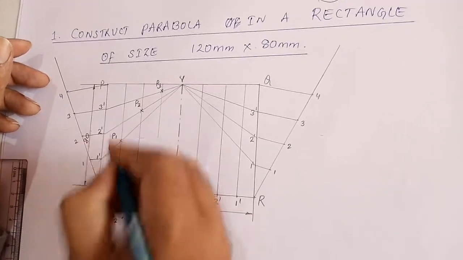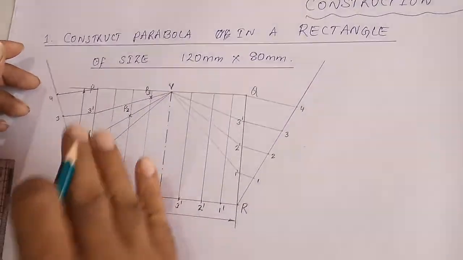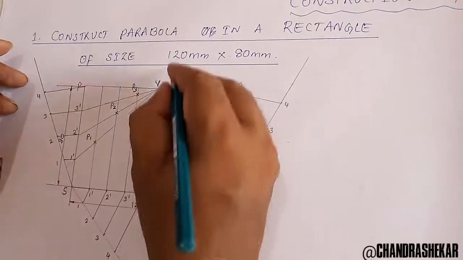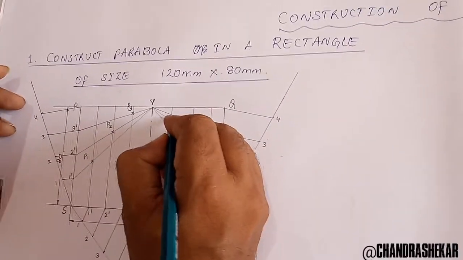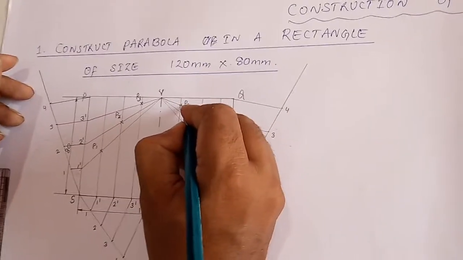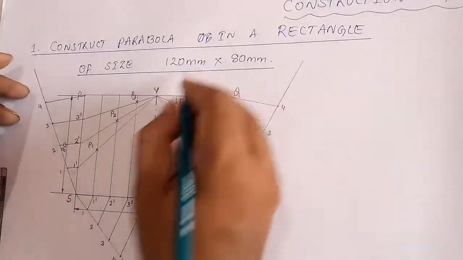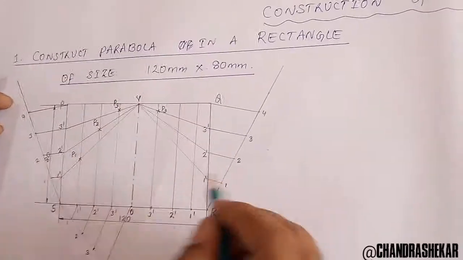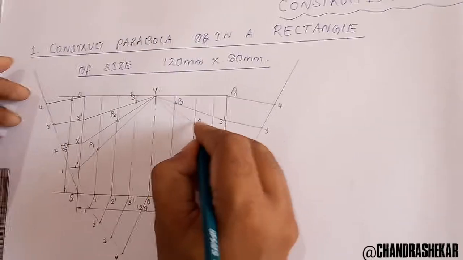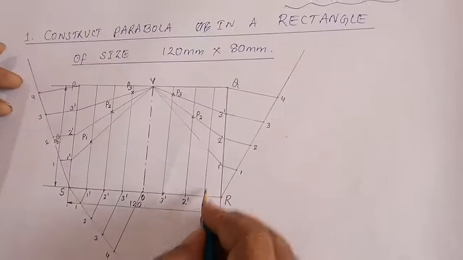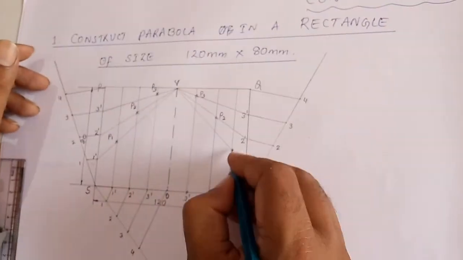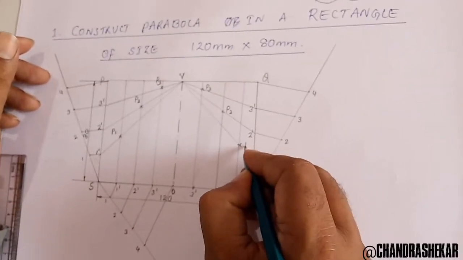Call this P1. Similarly, on this side, the 3 dash line and V3 dash line intersect here. Call this P3. The 2 dash line and V2 dash line intersect here. Call this P2. The 1 dash line and V1 dash line intersect here. Call this P1.